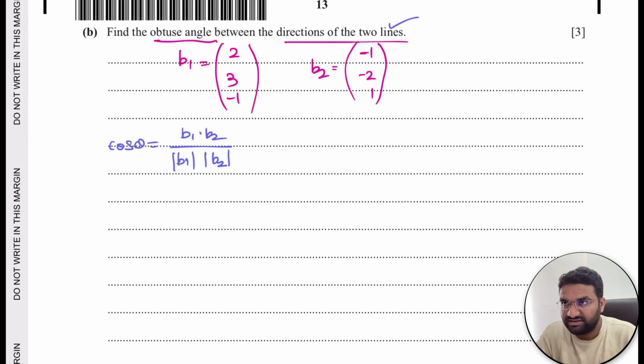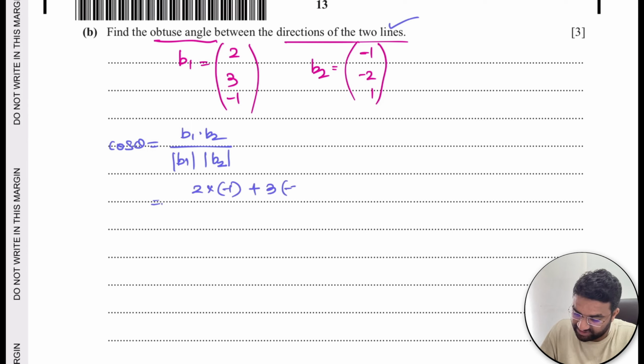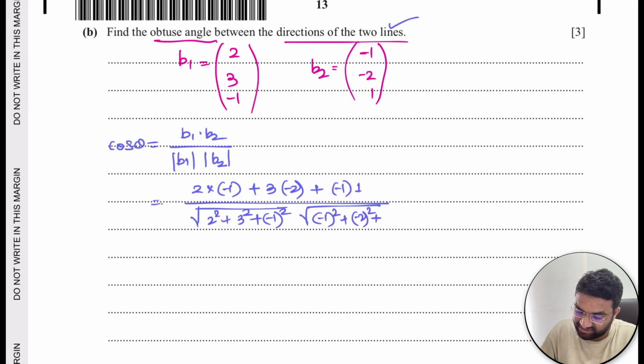Here, b1 dot b2 is 2 times -1, plus 3 times -2, plus -1 times 1, divided by the square root of 2 squared plus 3 squared plus (-1) squared, and the square root of (-1) squared plus (-2) squared plus 1.